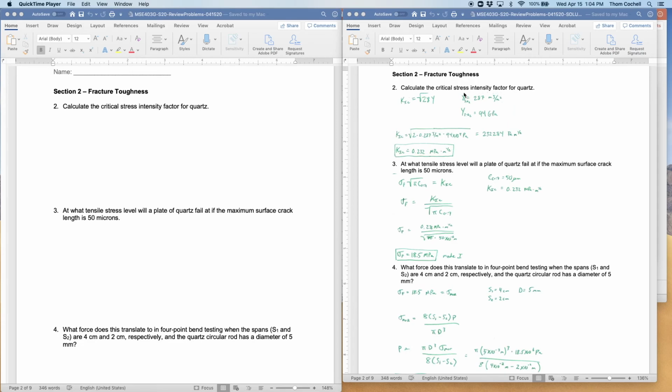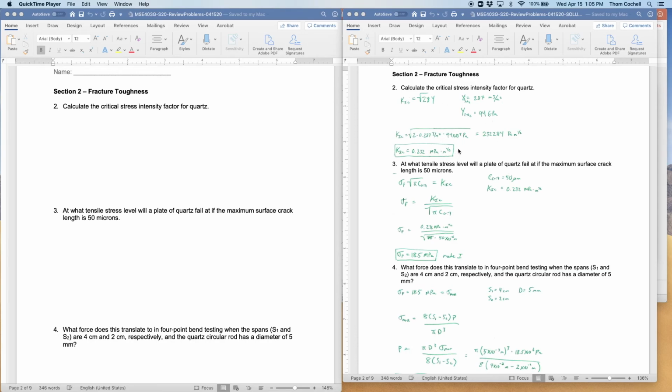I know some people expressed some difficulty finding this number, so I posted it on the discussion board. But you can typically find tables that have this information, and so I got 287 millijoules per meter squared for the surface energy of SiO2, and then the elastic modulus of 94 gigapascal.